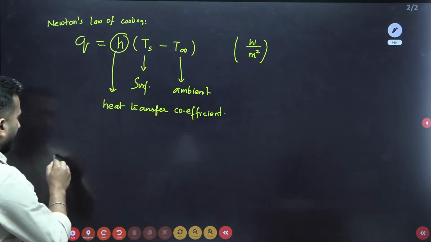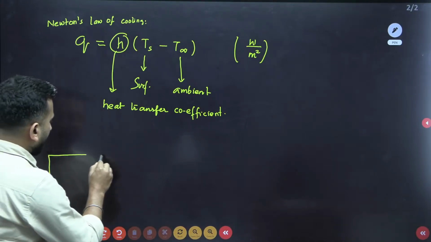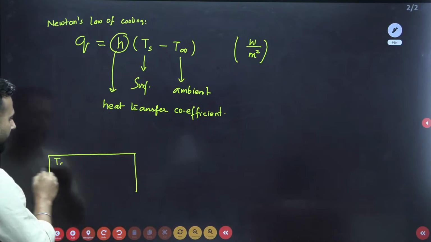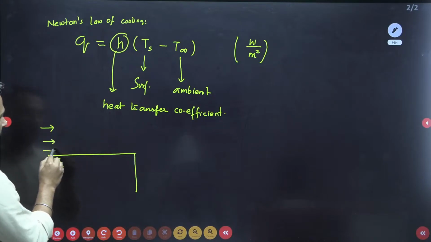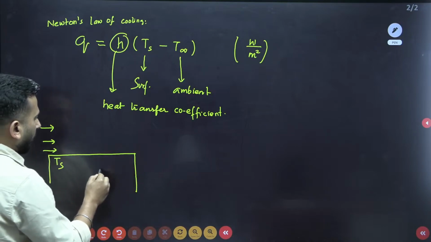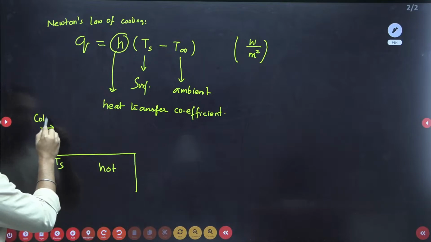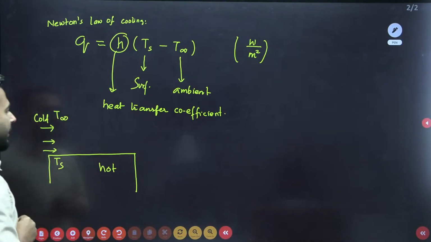Suppose this is a surface at a temperature Ts, and from here fluid is coming. Let us say this is a hot surface and this is the cold fluid at T infinity, the ambient temperature.